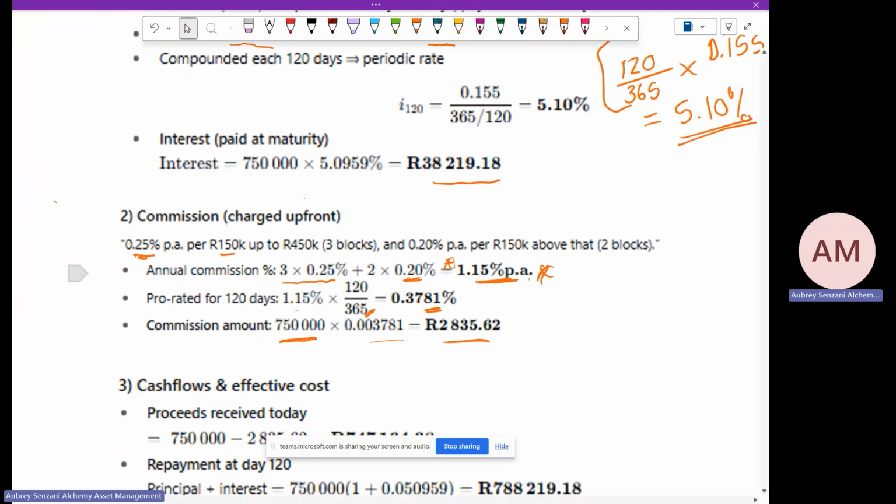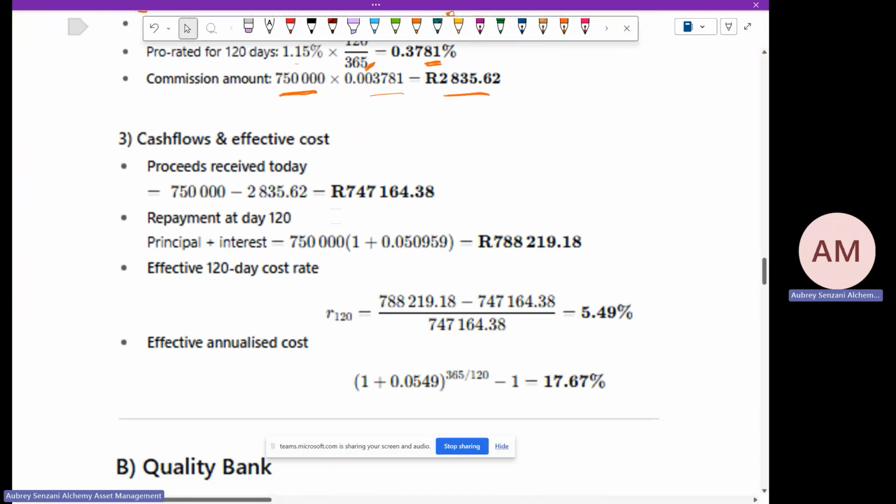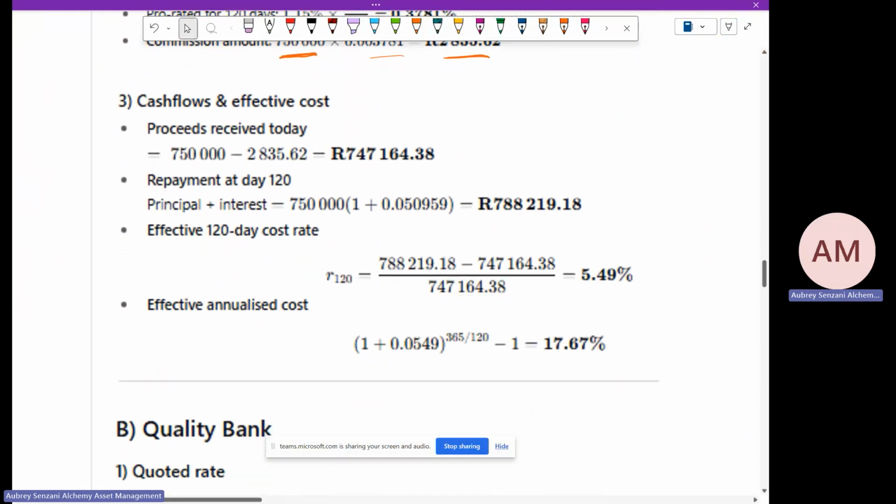and you're getting a total commission of 2,835.62 cents. Remember, they said they did it upfront. So what have they done? They've taken the 750, which I feel is fair, because imagine going to the bank, you came there looking for 750, and then you're being forced to take more than that.